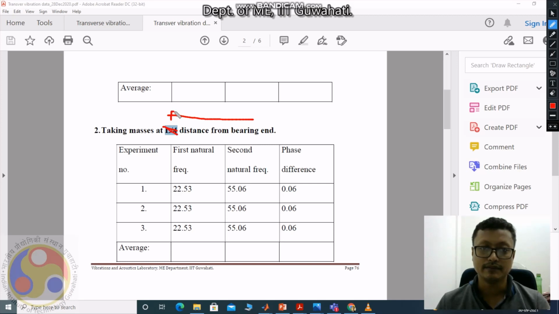This is bearing masses at the end, near the bearing, on a simply supported beam. In this condition, the masses M1 and M2 are near the bearing. This is the data table for your calculation.